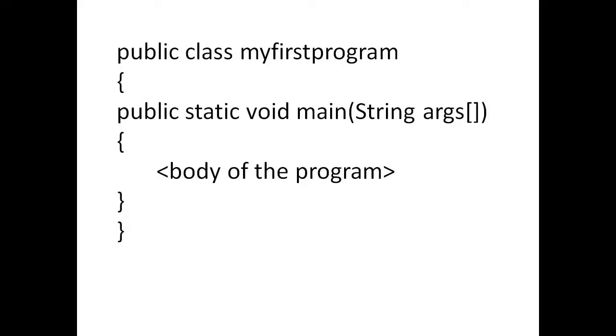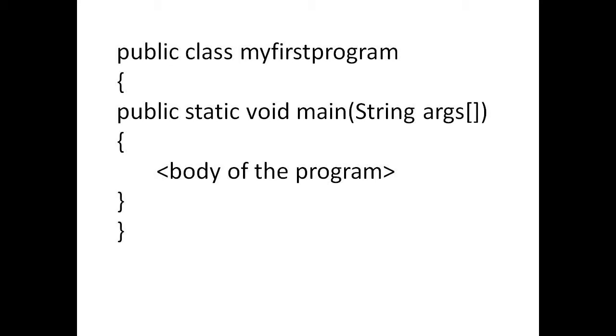So as you can see in the screen, this is the general syntax of any Java programming. That means whenever we write any Java program, we will always consider these 2-3 lines, which will always be there in any of the Java programs we will be discussing in the videos ahead.